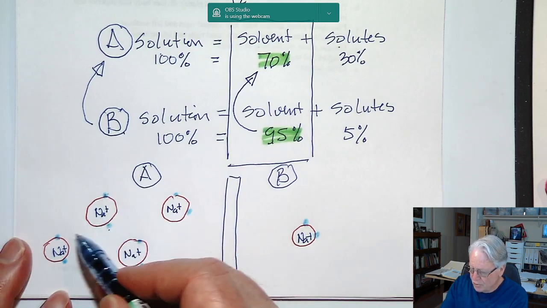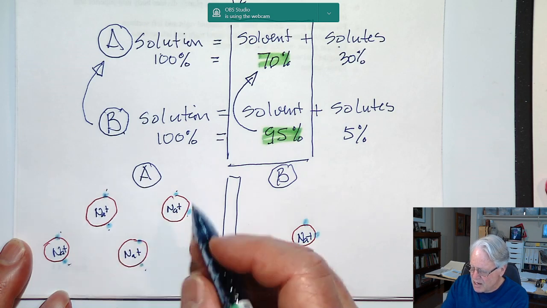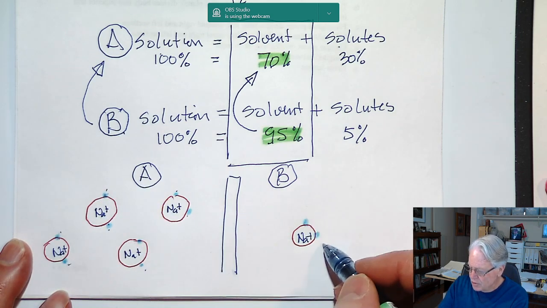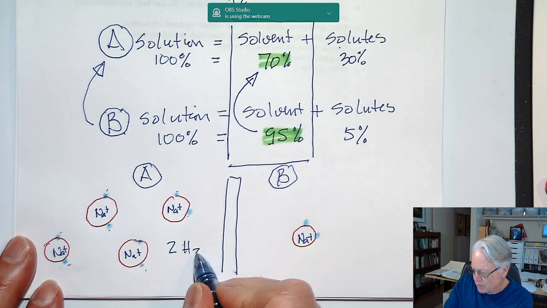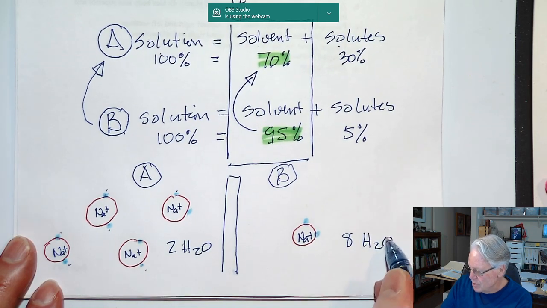So I have 1, 2, 3, 4, 5, 6, 7, 8 water molecules bound up to sodium here and only 2 here. So that leaves me 2 water molecules over here and 8 water molecules over here.